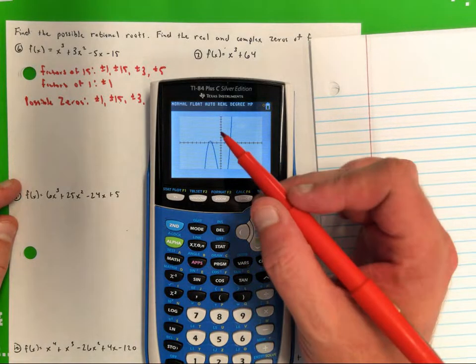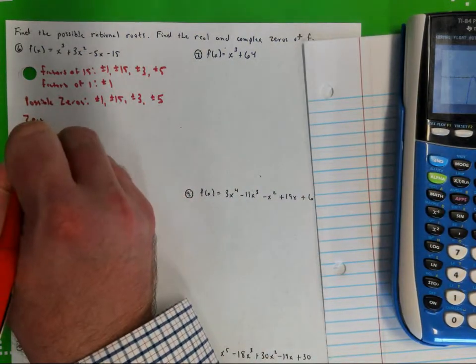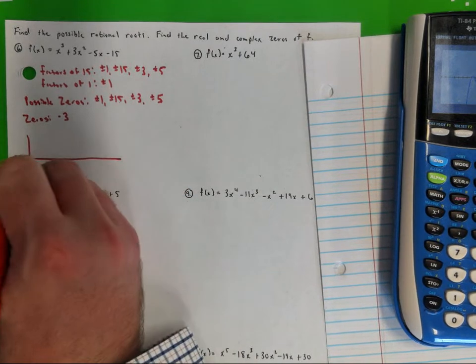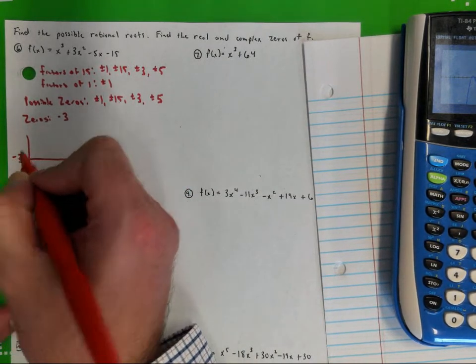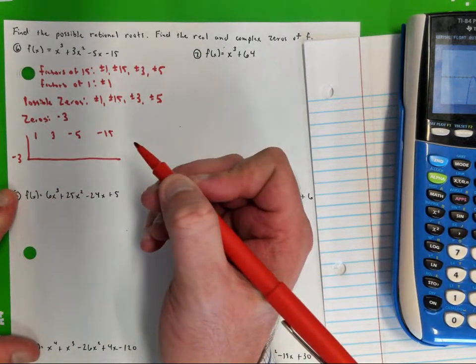And I find one of my zeros clearly at -3. So I'm going to make me a zero list and I'm going to break it down. Put that number there. I have 1, 3, -5, -15.